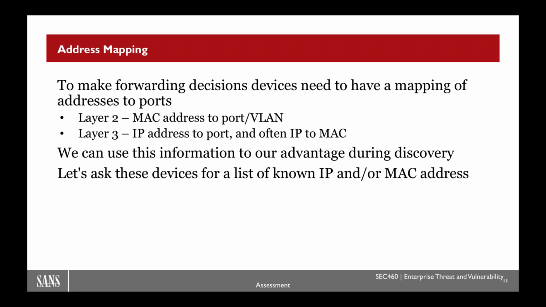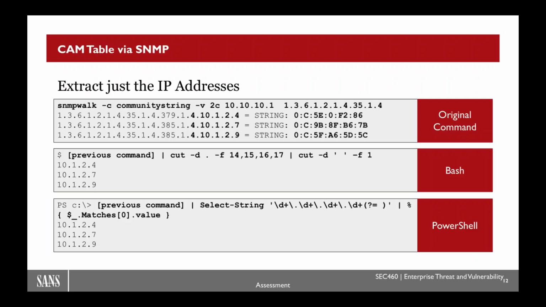Ways we can get this information, as well as the CAM table that we talked about, is with SNMP. SNMP is the Simple Network Management Protocol. I sort of joke that the S is a lie. It is not quite so simple. But we can extract a large quantity of data from these systems, and there are tools that will parse it.